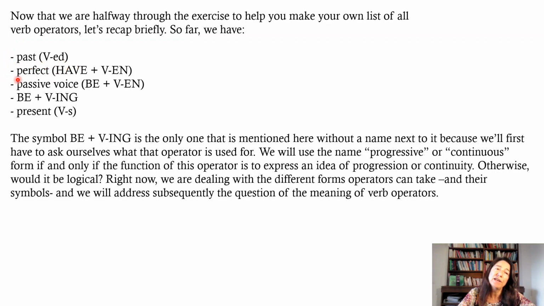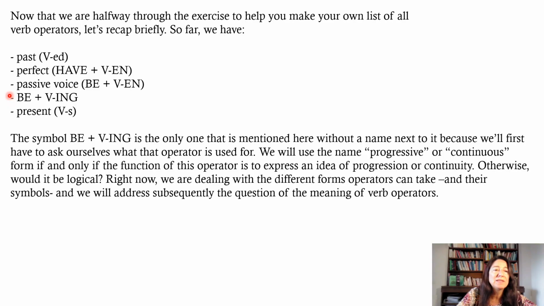The perfect, did we mention that it was the perfect? I think I asked the question. I don't know if I answered it. I don't think I did. Anyway, so have plus VEN: anytime you conjugate have, and then use the past participle of a verb right after it, you're actually creating the perfect.